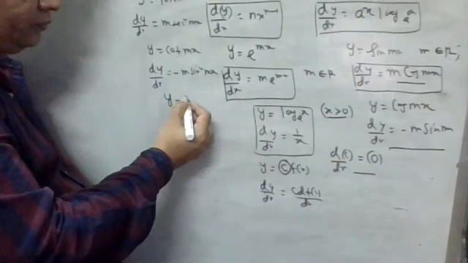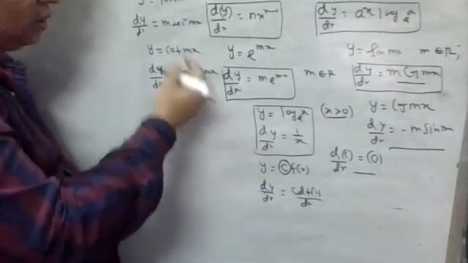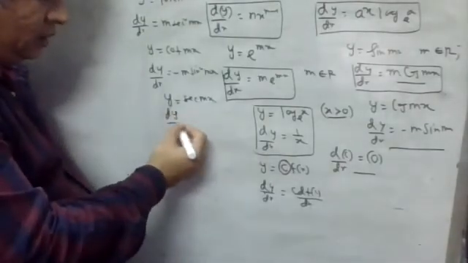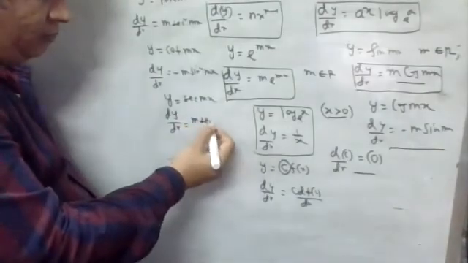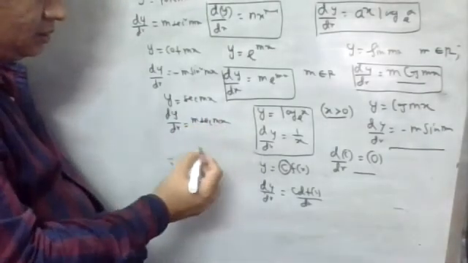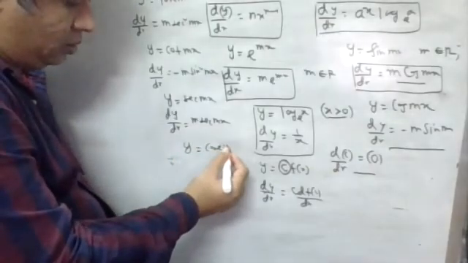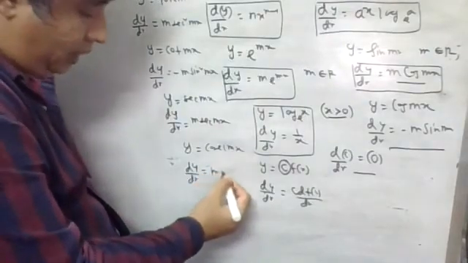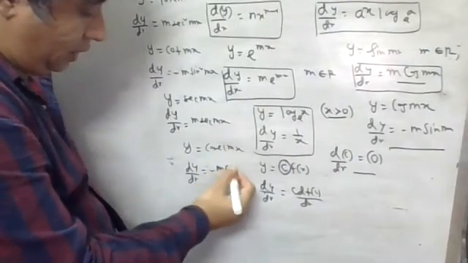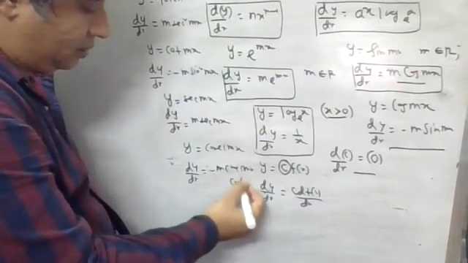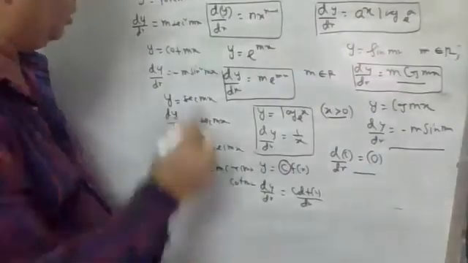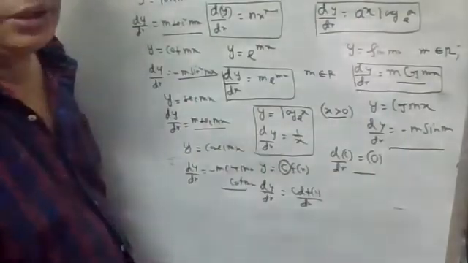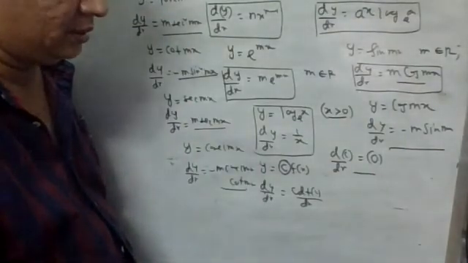Y is equal to sec mx, and in all cases m has to be considered real: d/dx of y is m sec mx tan mx, and y is equal to cosec mx: d/dx of y is minus m cosec mx cot mx. So these are the formulas you have to learn and memorize.